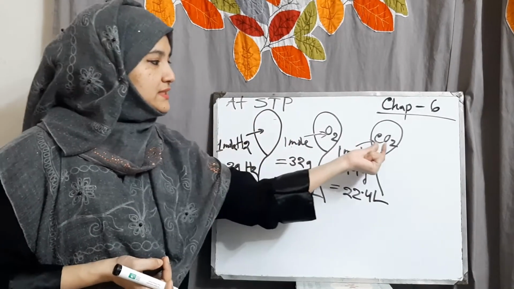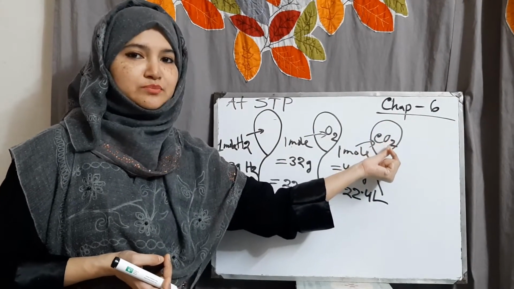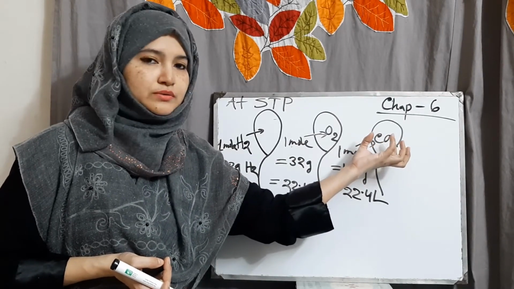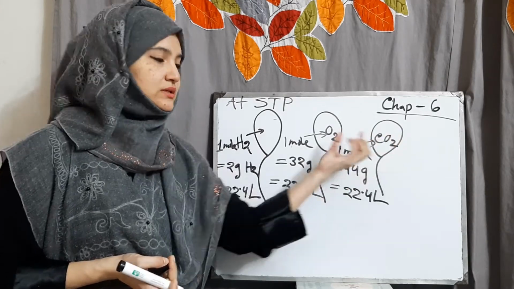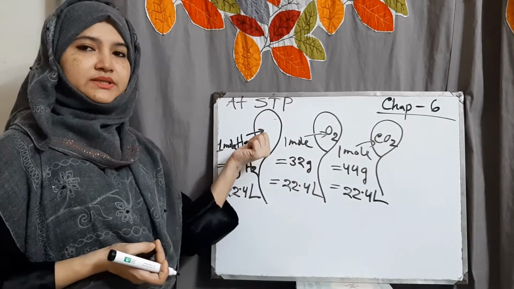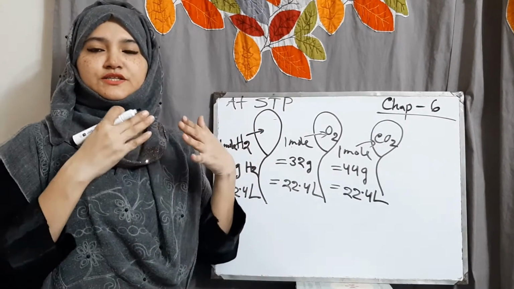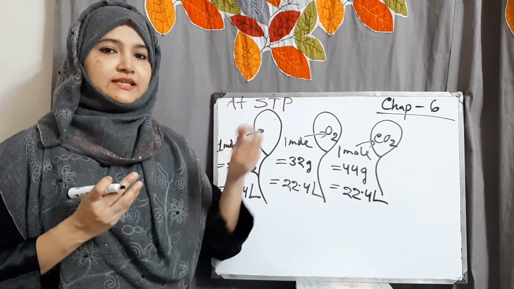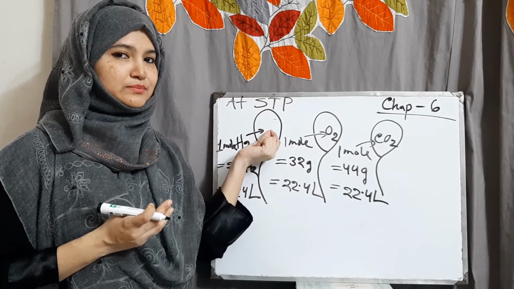In this volume, carbon dioxide molecules are closer to each other, but for the lighter hydrogen, the molecules are spaced apart from each other, but the number of molecules in it is the same.